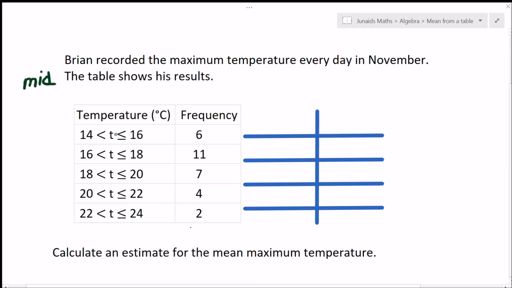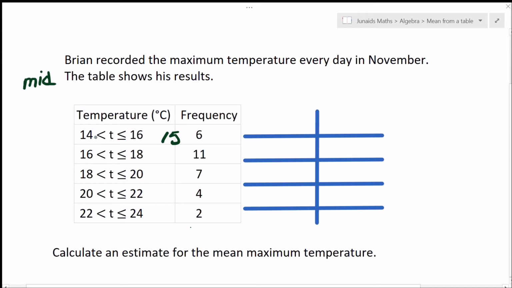So the midpoint here is 15, and sometimes the gap is going to be bigger in your questions. And how to tackle that sort of question, the technique is that you can add 16 and 14. And most of the time these sort of questions do appear in a calculator paper. So you can add 14 and 16 and then divide it by 2.